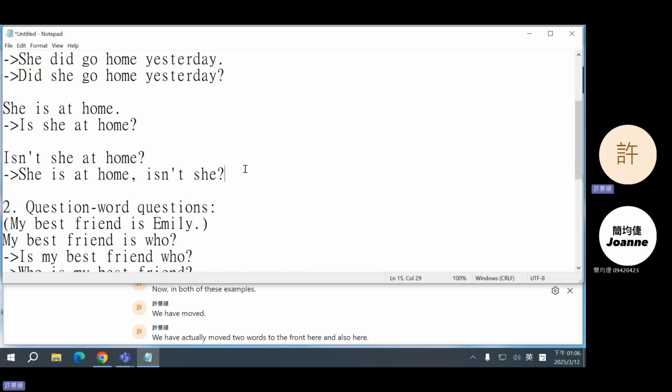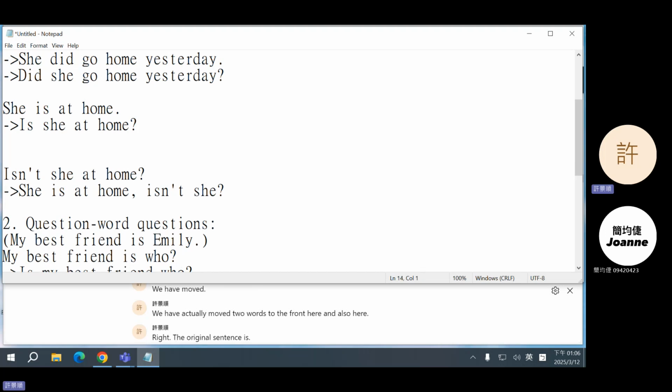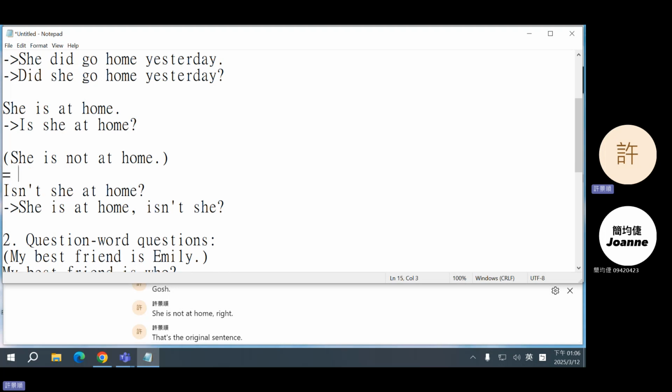Right? The original sentence should be like she is not at home. That's the original sentence, which is the same as she isn't at home. And then we have moved the isn't to the front.